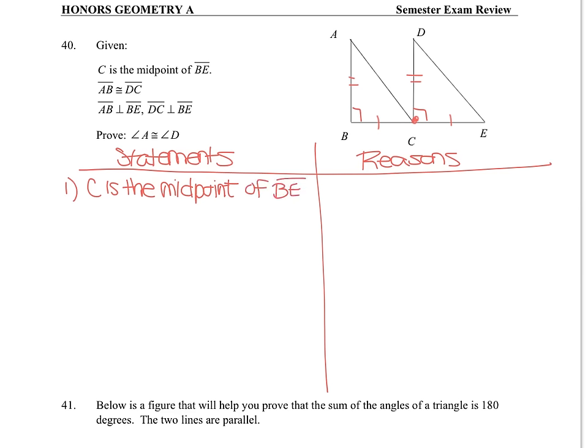What I know about this is my given, and this tells me that BC is congruent to CE because a midpoint divides a line segment in half. So before stating all of my other givens, it's really good to work off of each given one at a time. My reason for this is going to be definition of a midpoint.